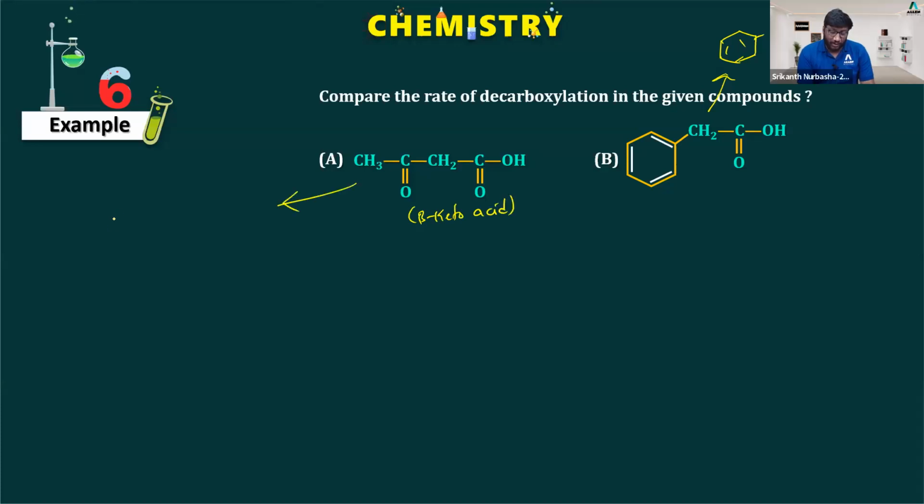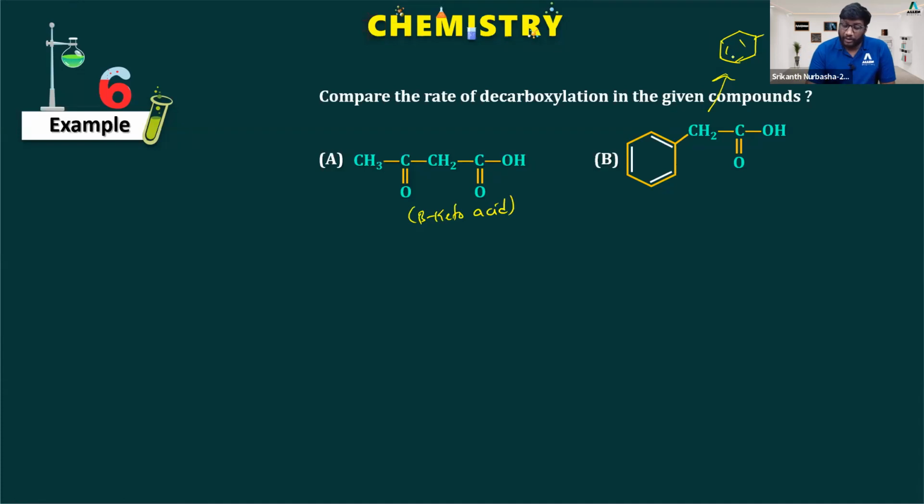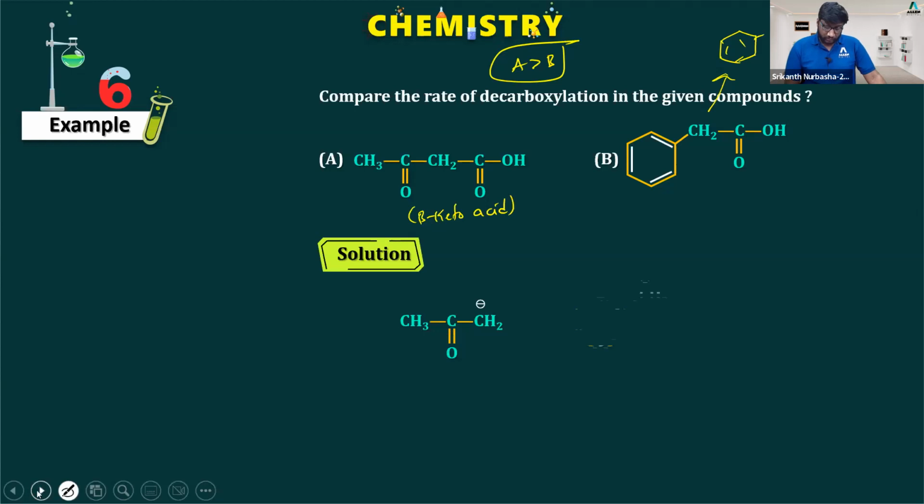A beta keto acid will produce a 6-member transition state. It is not a carbanion. In B we have C6H5CH2 minus. So A should be greater than B, because beta keto acids undergo decarboxylation by simple heating because of 6-member transition states. You should not think like this.